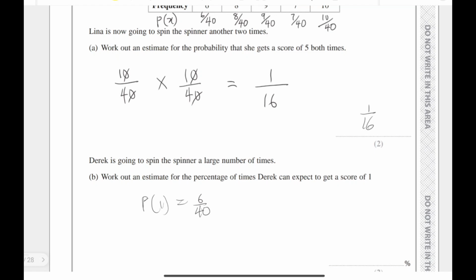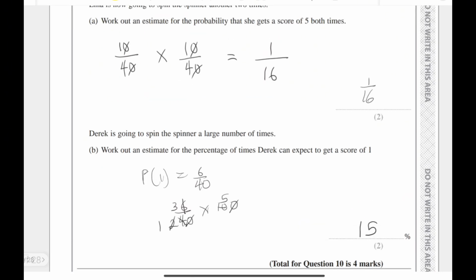So 6 out of 40 in percentage will be 6 over 40 times 100. So 0 cancel 0, 2 here 2, 2 here 5, 5 here, 2 here 1, 2 here 3, and 3 times 5 makes 15. So that is 15%. I hope that makes sense.